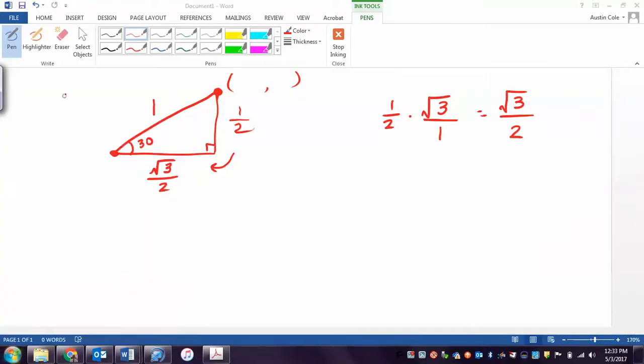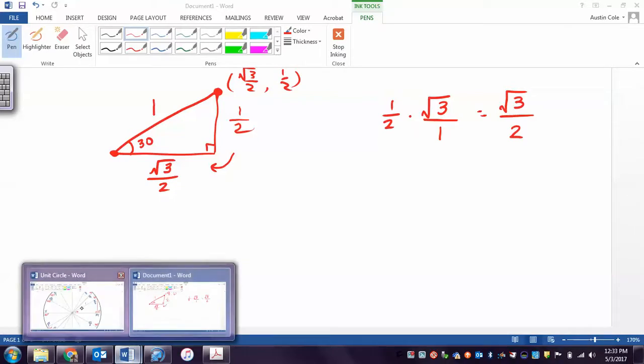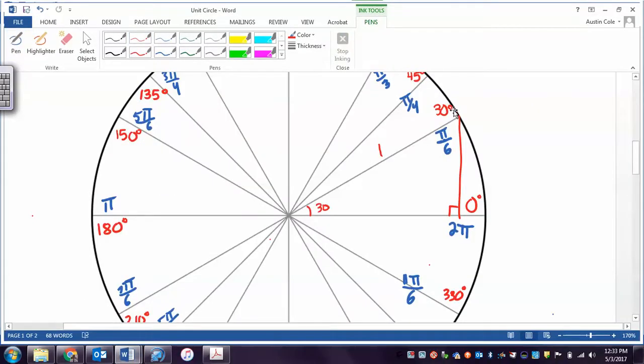I went over square root 3 over 2, right? And I went up 1/2. So if I go back to my unit circle, this point right here, let me use a different color. This point right there is the point, the square root of 3 over 2, comma, 1/2.